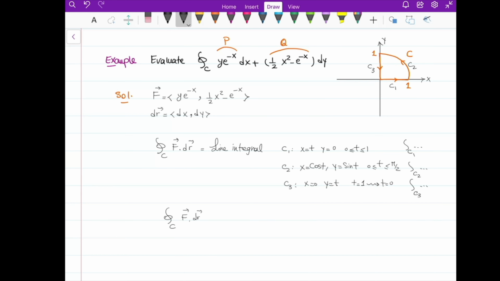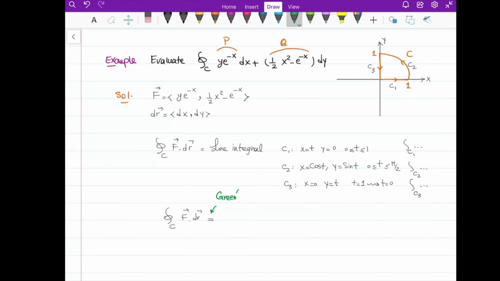Or there is another way. If C was not closed, then I would check whether the vector field F was conservative, and then I could use the fundamental theorem for line integrals. But anyway, C is closed here, so none of this is going to help me now. So I'm going to use Green's theorem.